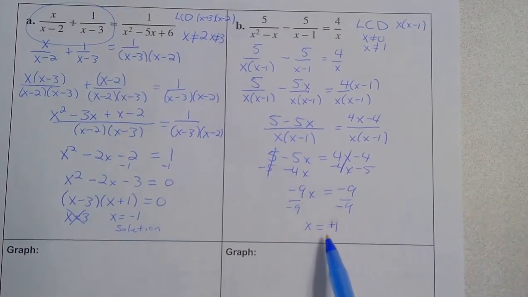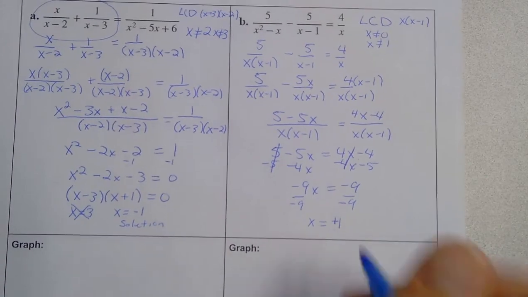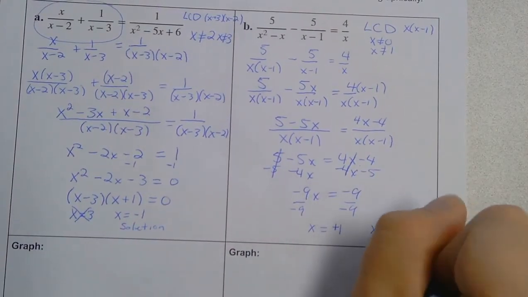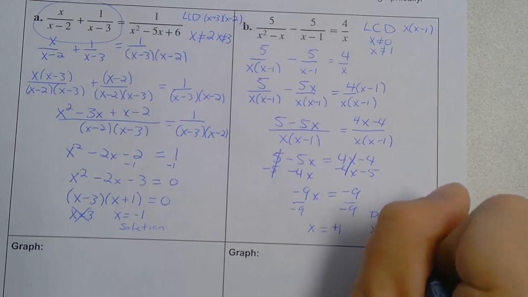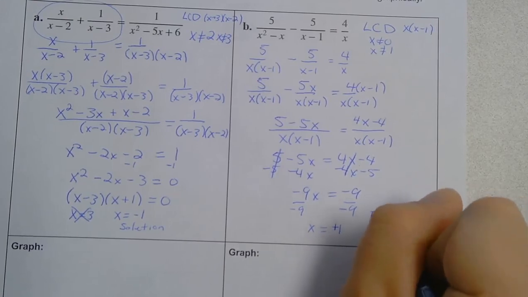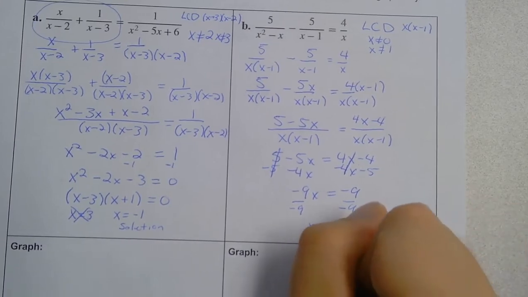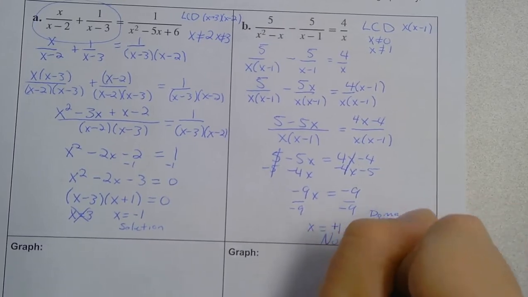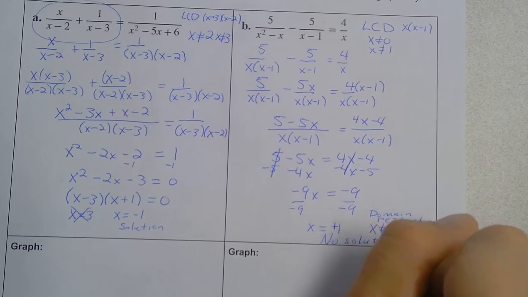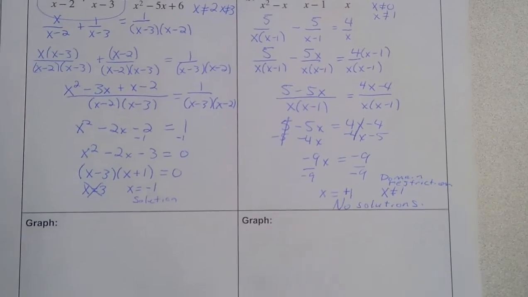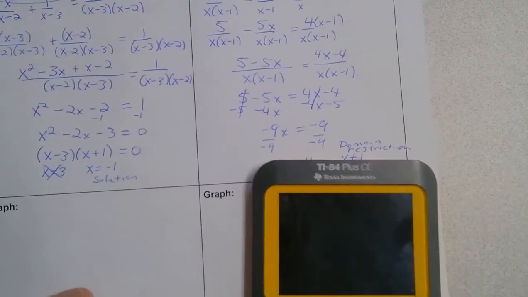I'm sorry. x equals 1 is not a solution. So x equals 1 is a solution, but this is a domain restriction. So there can actually be no solutions. So the most common mistake here is to just solve and forget looking at your domain restrictions and think that there is a solution.